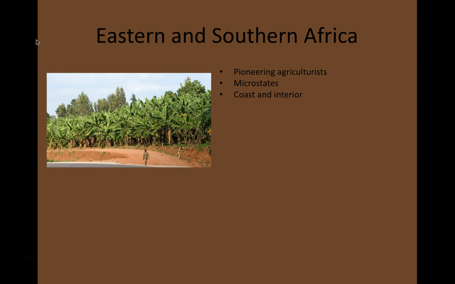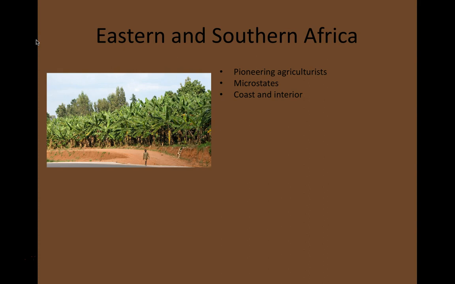And for most of African history, there was a divide between the coast, which was dominated by the Arab merchants who created these important settlements on the coast like Mogadishu, Mombasa, Kilwa, and Sofala, as well as the island of Zanzibar, and the Zanj, the Arabic word for the black Africans who inhabited the interior.